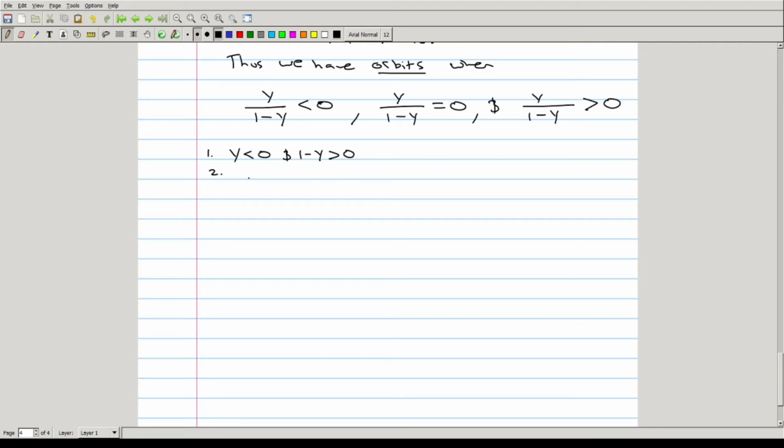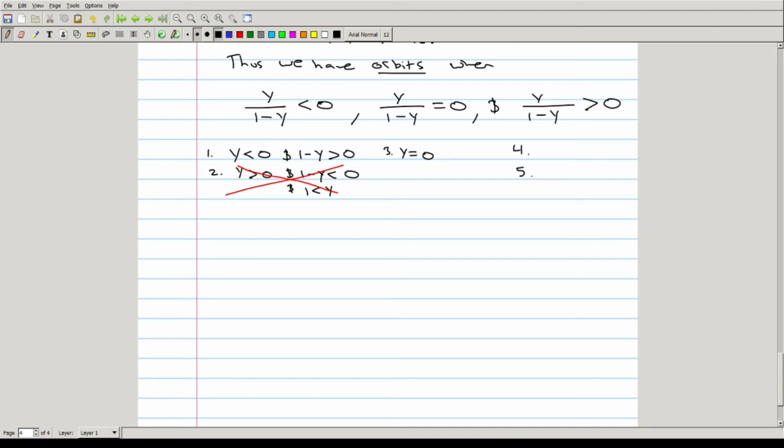Another way we could have this be true is if y is positive and 1 minus y is negative. But you might immediately see a problem with this. In order for this to be true, y would have to be greater than 0 and 1 would have to be less than y, which is a contradiction. So we can't have this be true. The second case is only satisfied when y is equal to 0.